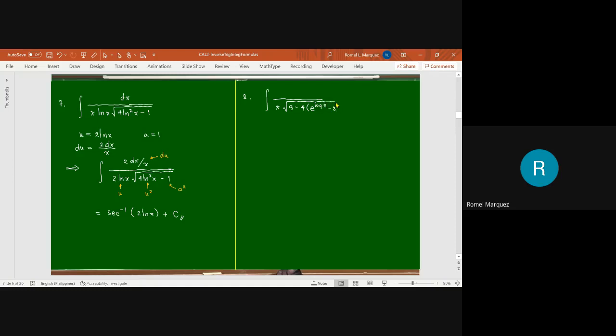Ano itong problem na to? With 2 as an exponent there, in the numerator, E to the log of x dx. Okay? Parang ganito yata yung problem sa atin.